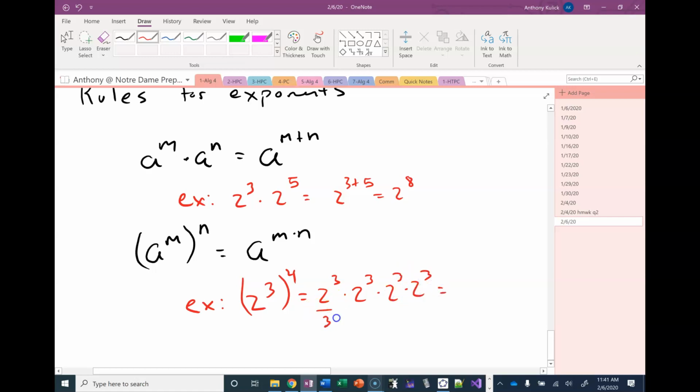So I have 3, 6, 9, 12 2's. Everybody okay with that idea? And notice that 3 times 4 is exactly 12. That's why that works. I'm going to erase those because it starts to look like a fraction now if you went back and looked at it. That doesn't make a lot of sense. Cool? So far, so good?